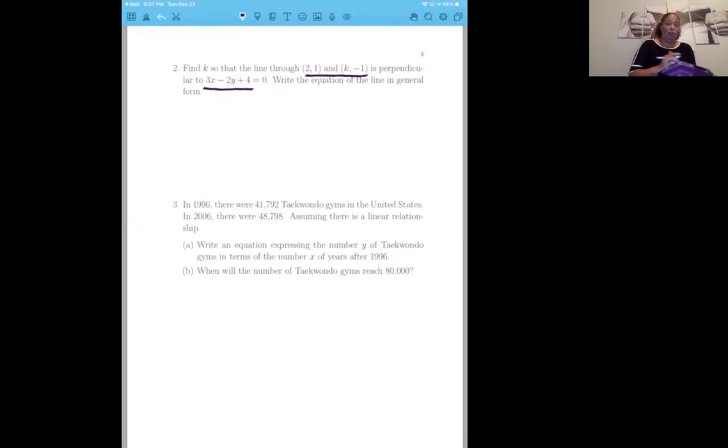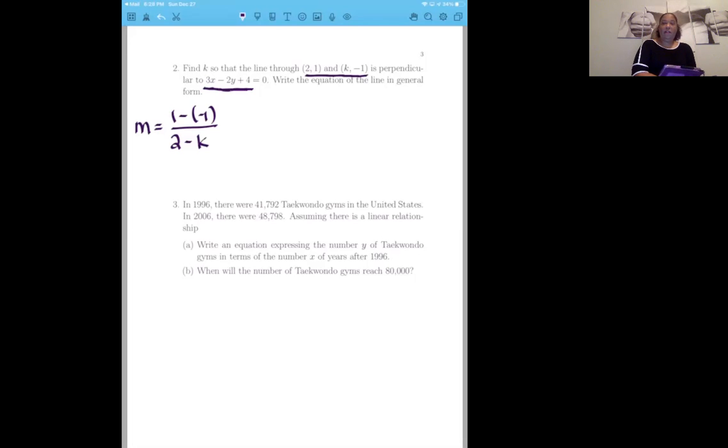So what we need to do is use our slope formula, right? Our slope formula looks like this: y2 minus y1 over x2 minus x1. All right, so we have our slope, and we want it to be perpendicular to this line here.